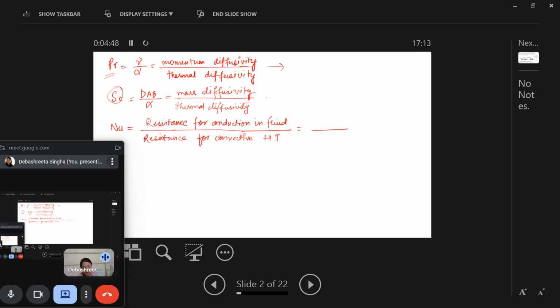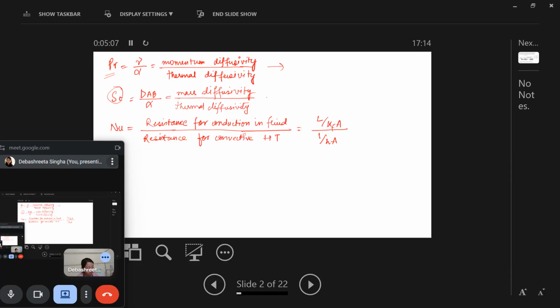So, what is the resistance for conduction? It is L by Kf into A. And what is the resistance for convection? It is 1 by hA.